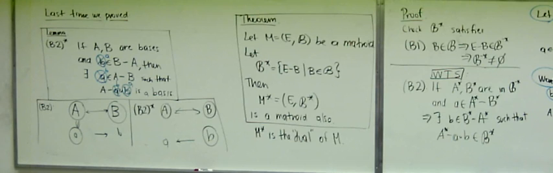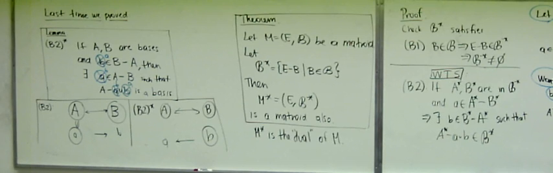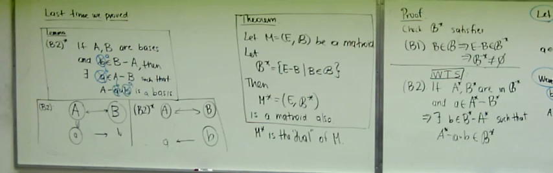And this might impress you or it might not impress you. I mean, it's nice when mathematical objects have a notion of duality, and I know, for example, that several of you have taken courses in advanced linear algebra where you see that there's a duality between a vector space and its dual.